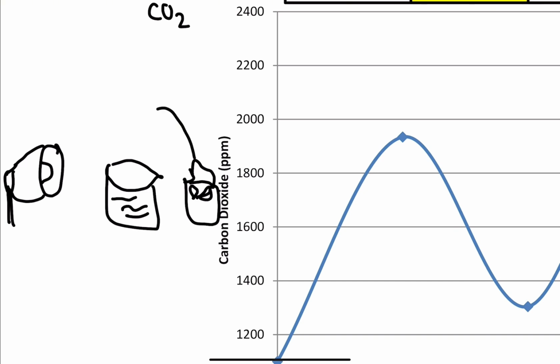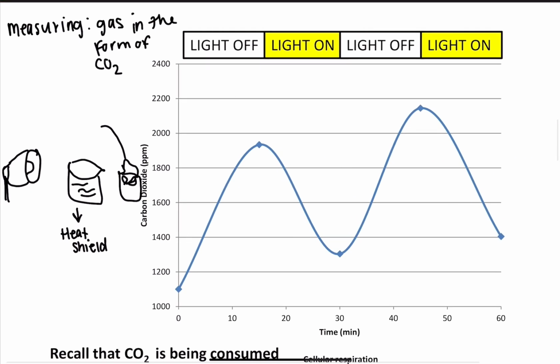The beaker of water was to act like a heat shield for the leaves. It was just going to protect the leaves from the heat of the lamp and help keep the environment stable.